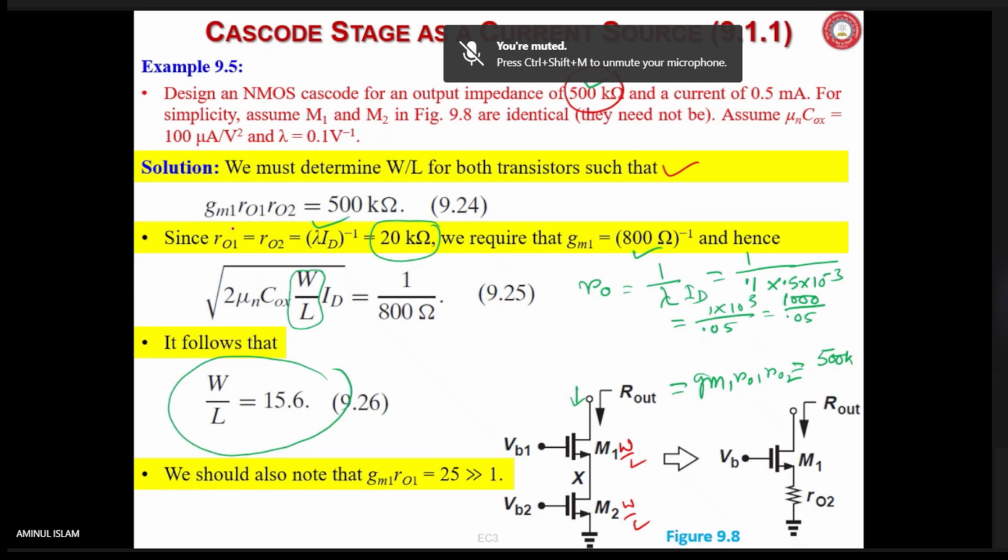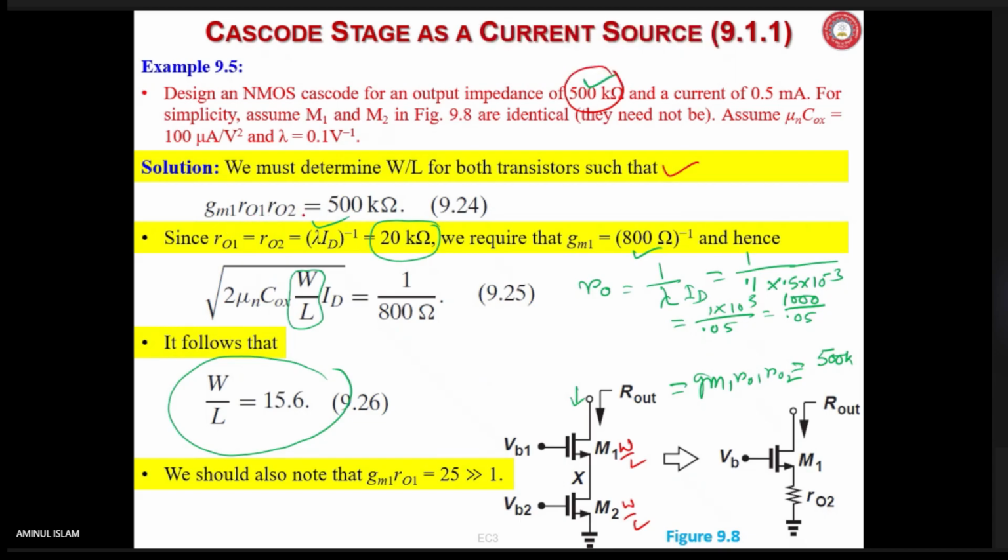So gm1 RO1 RO2 is 500 kilo ohm. Output impedance is 500 kilo ohm. Since RO1, RO2 is given as 1 upon lambda ID, it gives 20 kilo ohm. We require gm1 equals to this, and hence this can be written.